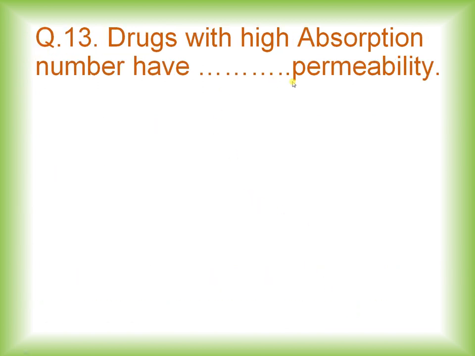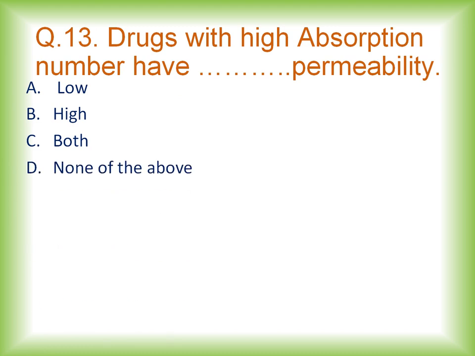Drugs with higher absorption number have dash permeability. Options are low, high, both, none of the above. And the right answer is option B, that is high permeability. So the drugs which have higher absorption number will have high permeability.